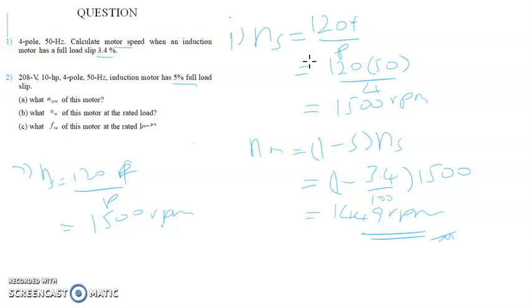Please don't forget to put your units. Okay, this is your synchronous speed. Then what is your motor speed? You calculate the same as above. You shall get 1425 RPM, from 1 minus the full load slip, times Ns. This is your amount.